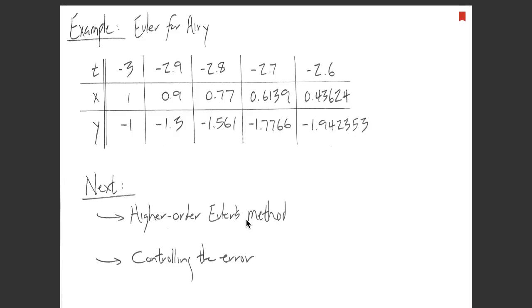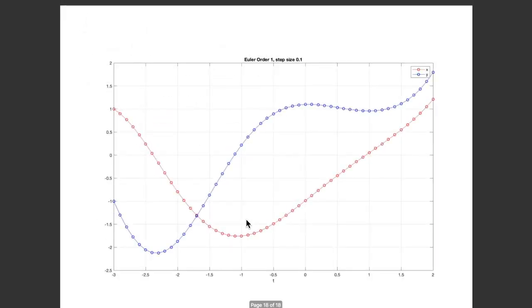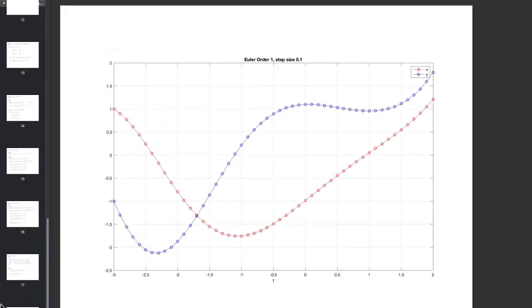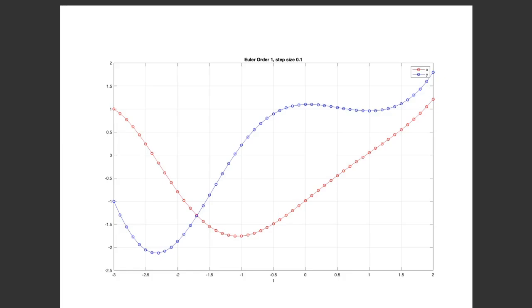Those are the same kind of things we did in our previous work with Euler's method for first order equations. And we'll look at how that process works for systems of equations in our next meeting. So similar kind of thing here. And I hope that made sense.